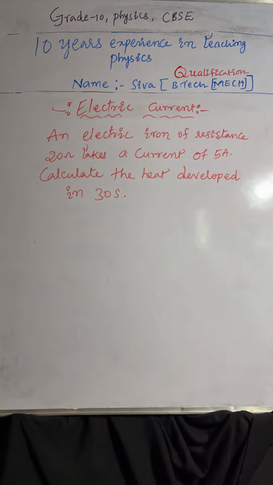An electric iron of resistance 20 ohm takes a current of 5 ampere. Calculate heat developed in 30 seconds. Can you try to solve this question? What is the answer?